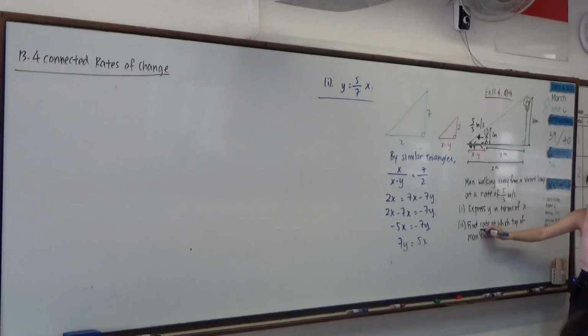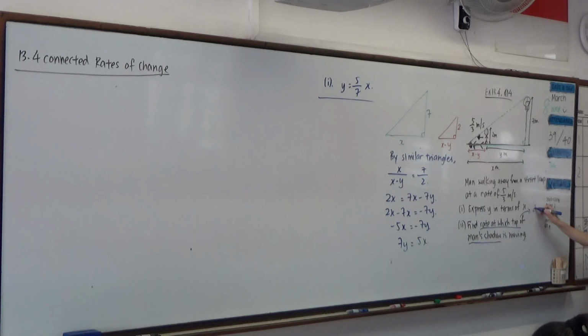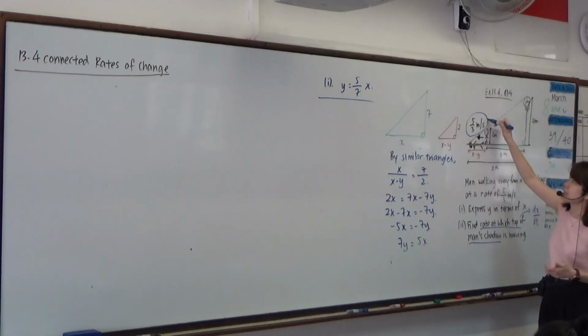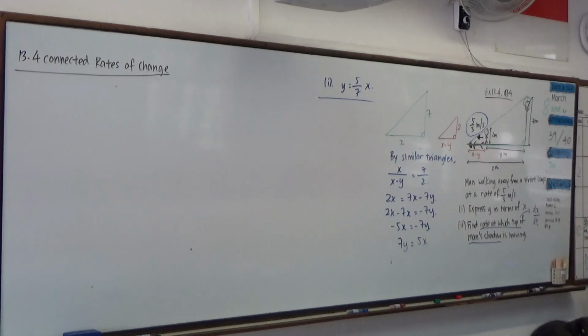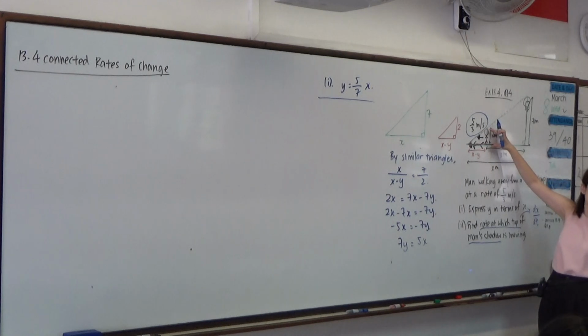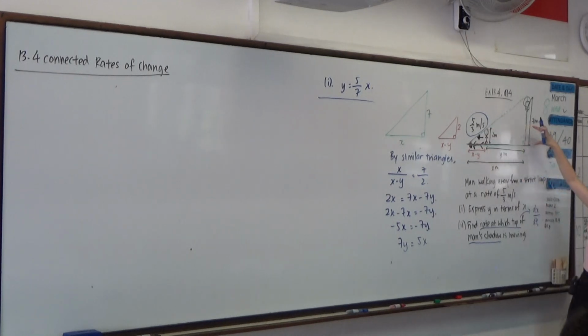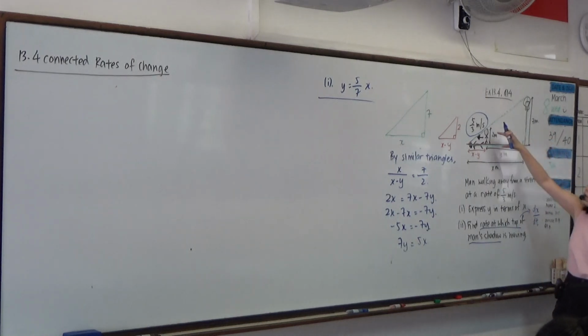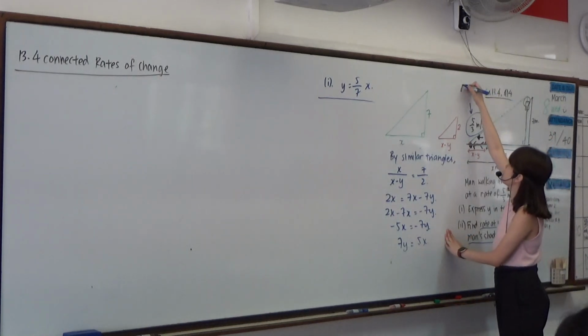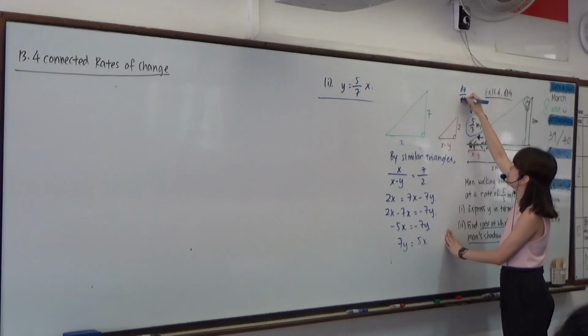So in other words, the question is asking us to find dx/dt. And this 5/3 meter per second that is given to us is our dy/dt, because it is based on the man himself, how far he is moving away from the lamp.